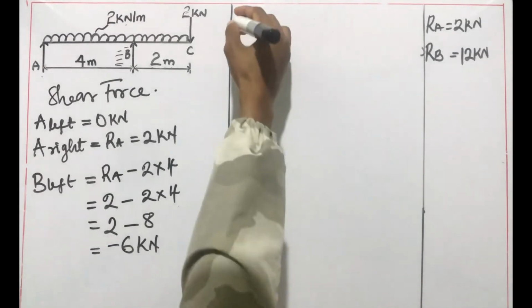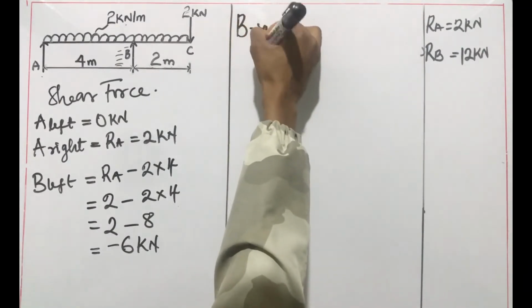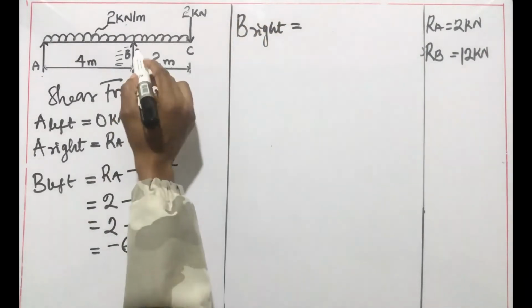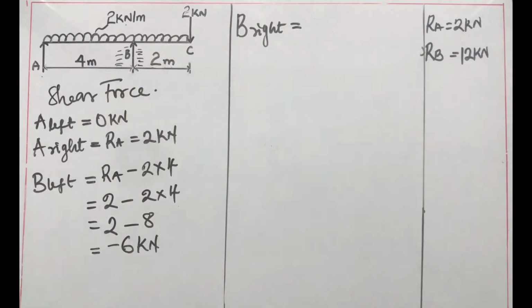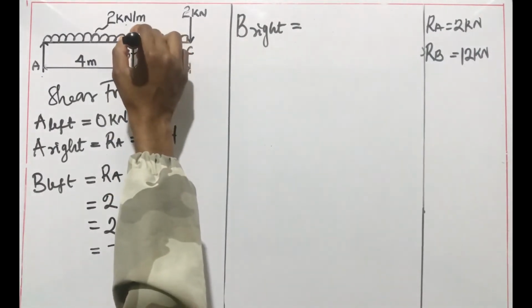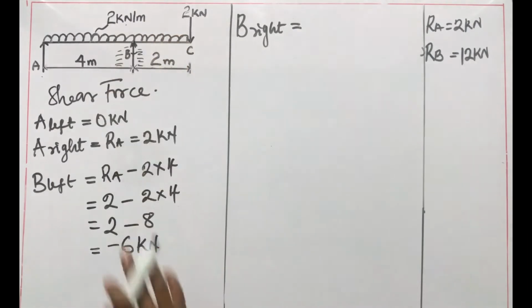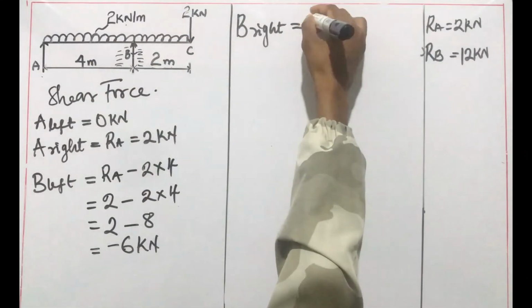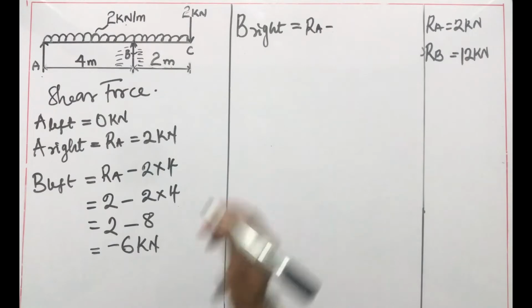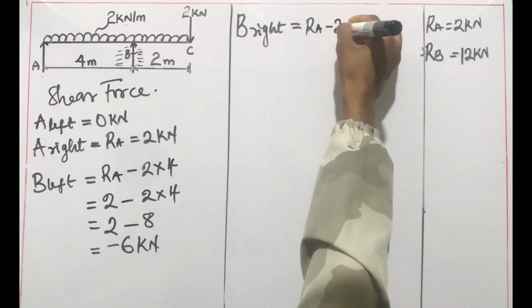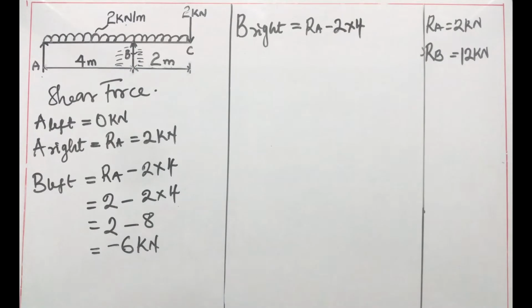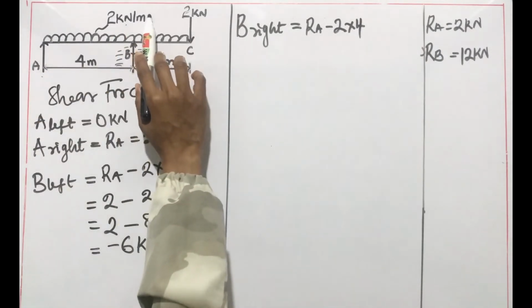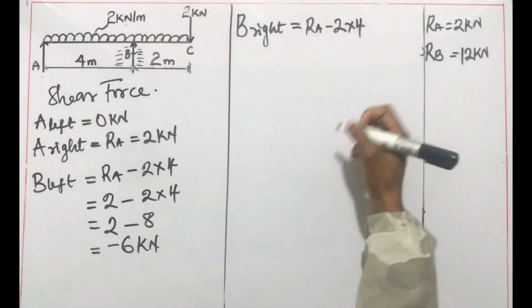Next is B right. Now this involves the forces from A to B, including RB. We can either use minus 6 kilonewton and then RB, or we can start from the beginning, RA, minus 2 times 4 plus RB.